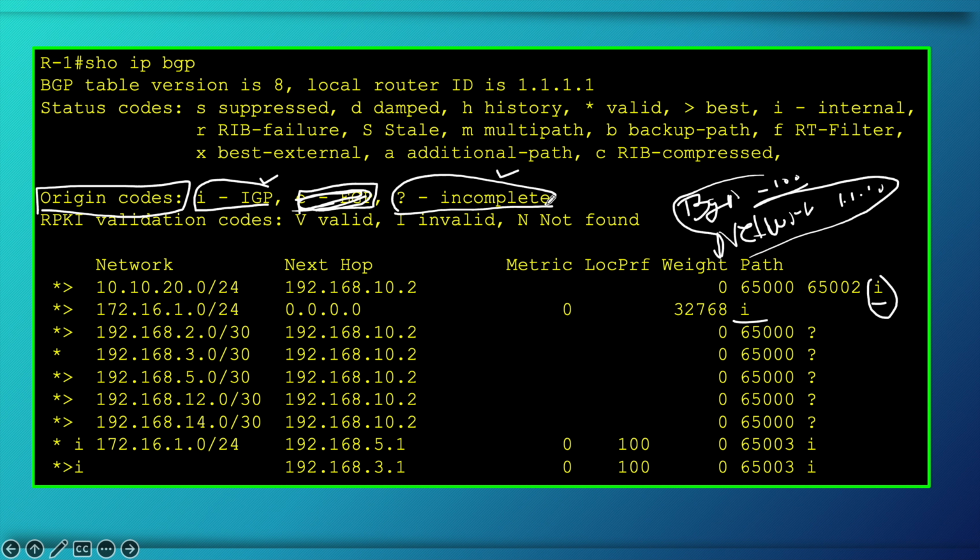This network could be learned via OSPF, EIGRP or RIP and other protocols, or it could be learned via the redistribute connected command also, right? So if anything you are redistributing that BGP does not understand, in that case it will show as a question mark, right?